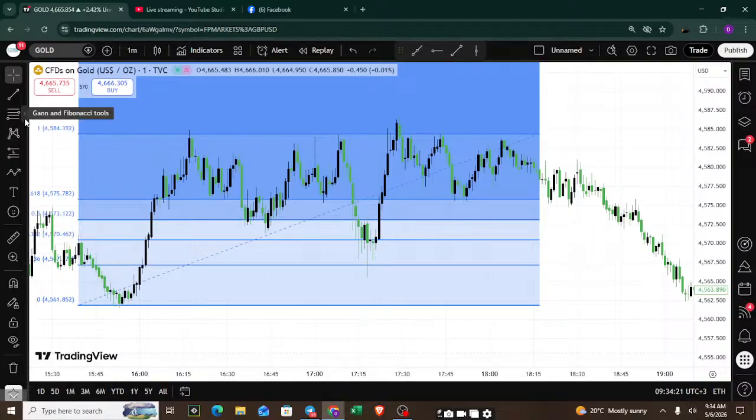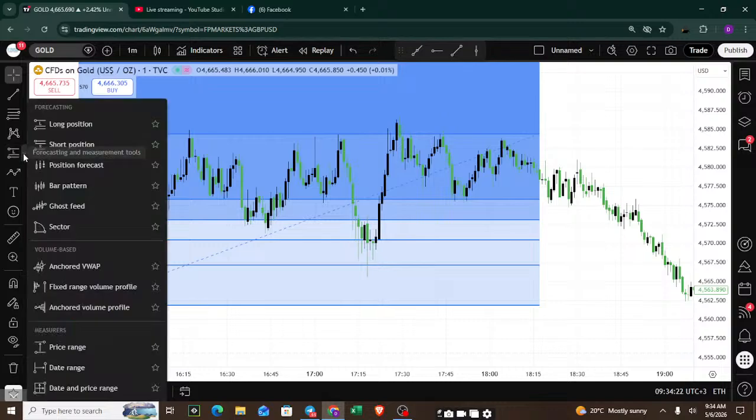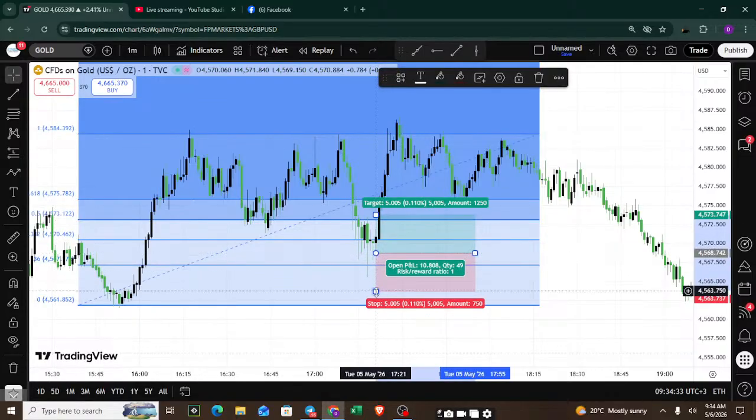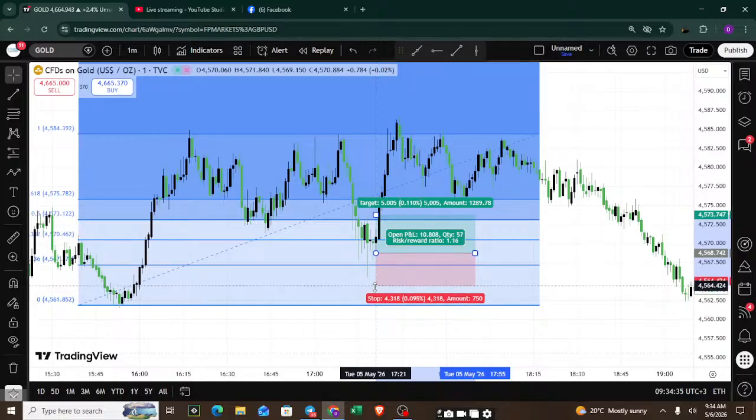Now let us see the risk to reward. What have we said? We have said you must first confirm that price is indeed going your way.